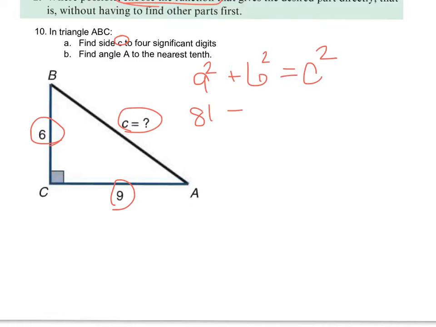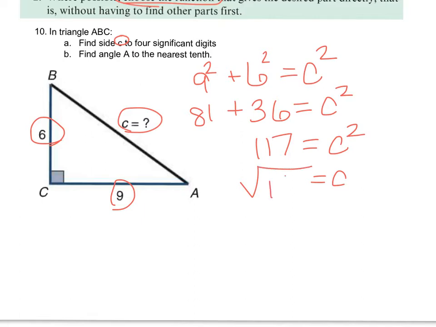We know that 9 squared is 81 and that 6 squared is 36. So if we add 81 and 36 together, we would get 117. And then to get our value of c, we'd have to square root 117, which is not going to be a nice number, but they did ask for 4 significant figures.